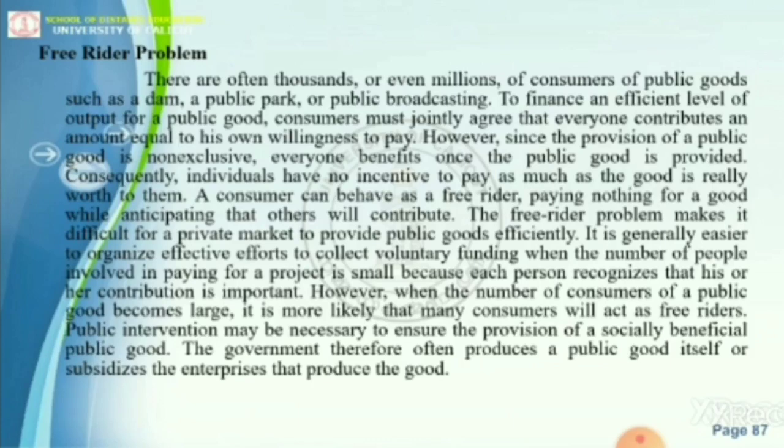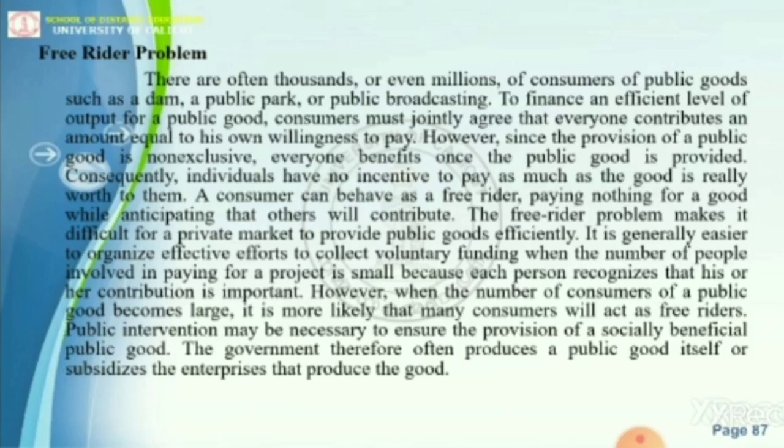Consequently, individuals have no incentive to pay as much as the good is really worth to them. A consumer can behave as a free rider, paying nothing for a good while anticipating that others will contribute. The free rider problem makes it difficult for a private market to provide public goods efficiently. It is generally easier to organize effective effort to collect voluntary funding when the number of people involved in paying for a project is small, because each person recognizes that his or her contribution is important.